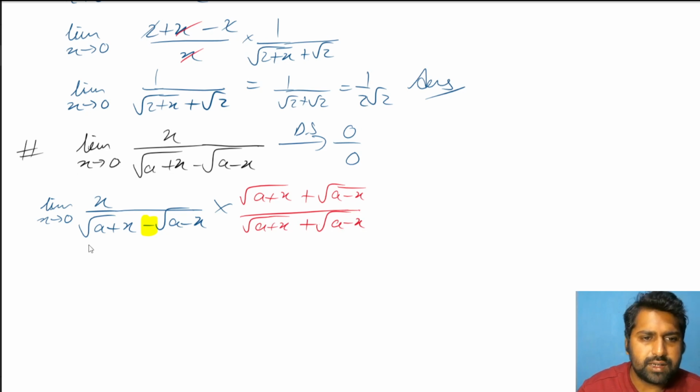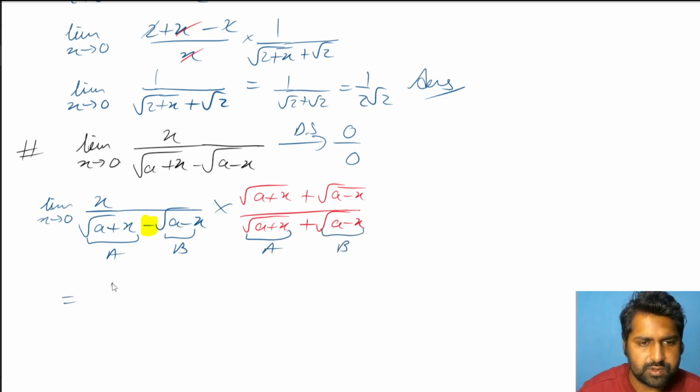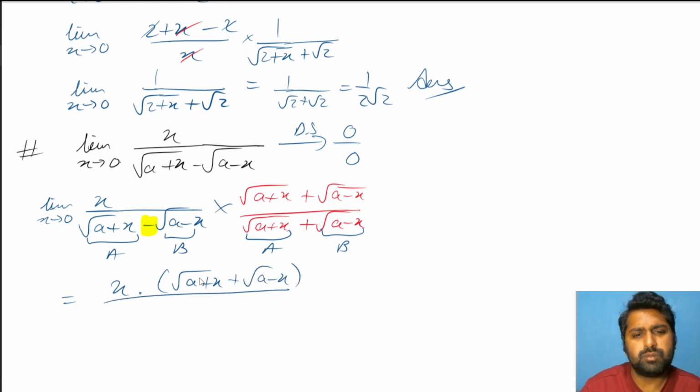Now this time the denominator has the property of a minus b, a plus b, so that is a square minus b square. So in the numerator, don't do anything: x times square root of a plus x plus square root of a minus x. Just put them in multiplication only, don't solve it. The denominator will become a square minus b square, so a square is a plus x minus b square is again a minus x, but remember to put them in a bracket.